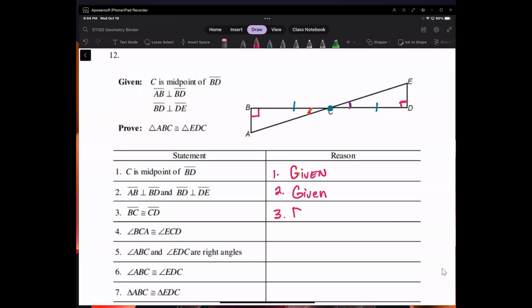That's definition of midpoint. Angle BCA, so it's this angle, is congruent to angle ECD. So that by definition is vertical angles, and we know that vertical angles are congruent. That's the vertical angle theorem.